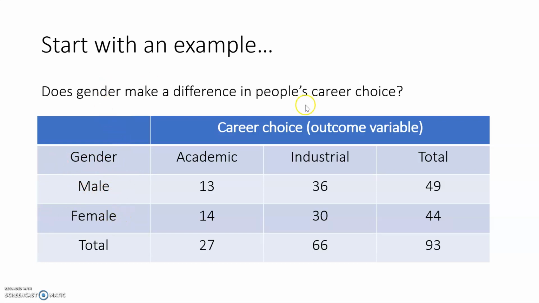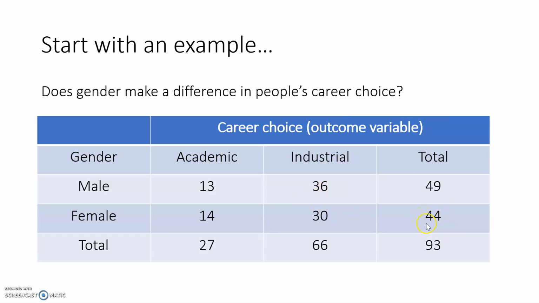To answer this question, I recruited 93 participants or students from our Webster campus. Among these 93 students, we have 49 males and 44 females. And I asked their career plans. Among these 49 guys, 13 of them would pursue a more advanced degree after graduation, and 36 plan to land a job in a company.